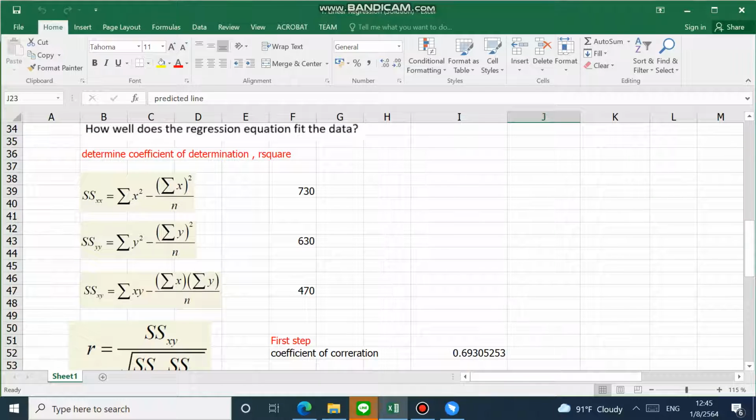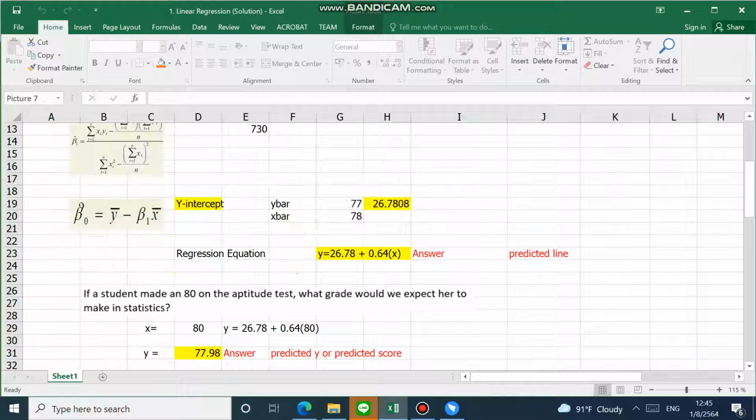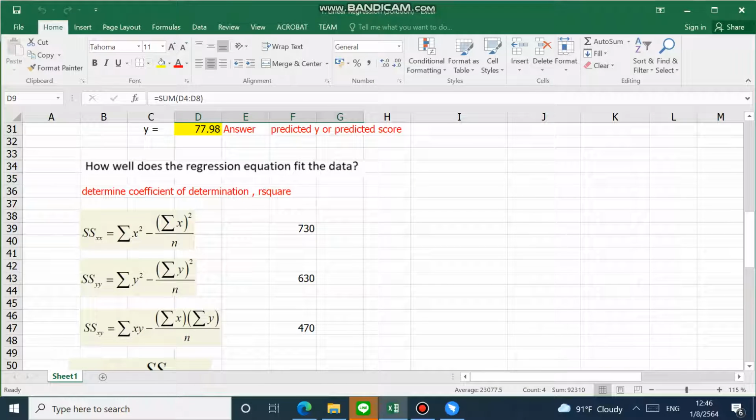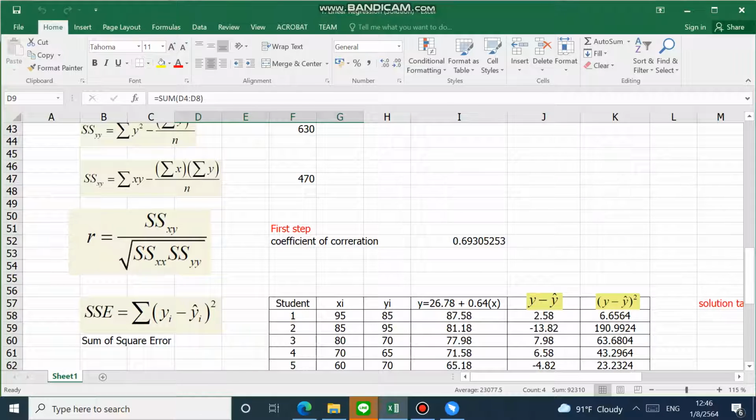So this is a formula to compute ssxx, ssyy and ssxy, you can just substitute all the values here into the formula. And finally you get the coefficient of correlation R. It's around 0.693.